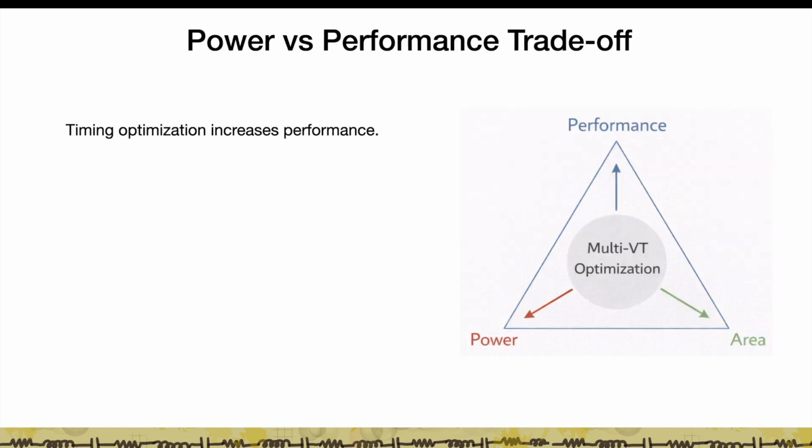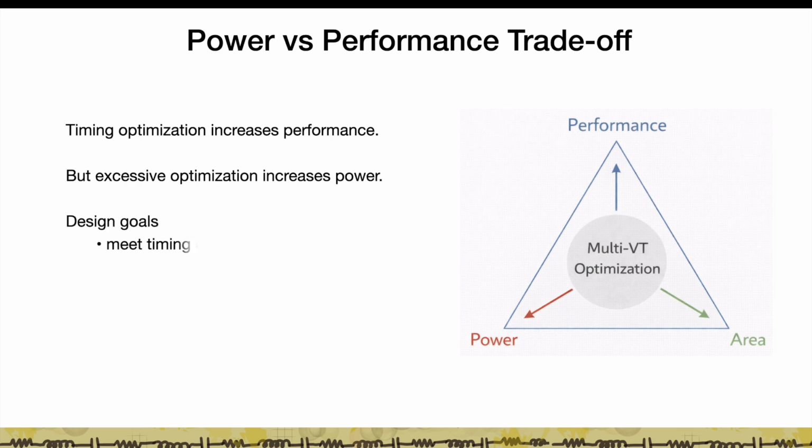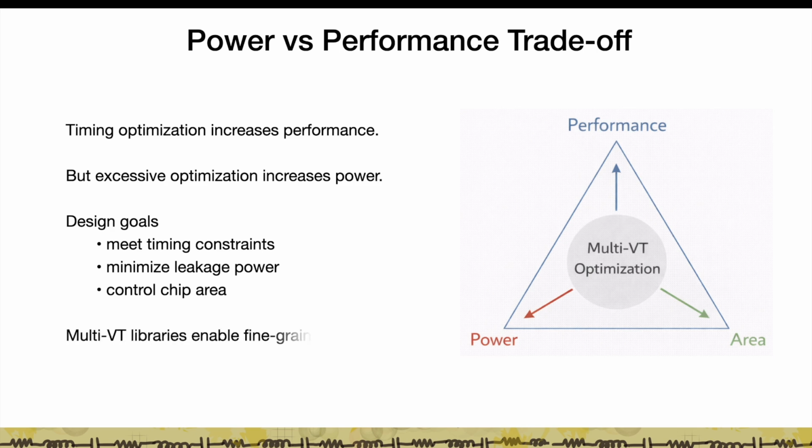It's worth stepping back and seeing the big picture. Every timing optimization decision lives inside a three-way tension: performance, power, and area. Push hard on performance, use LVT everywhere, add big buffers, and power and area pay the price. Optimize aggressively for low leakage, HVT everywhere, for example, and performance suffers.